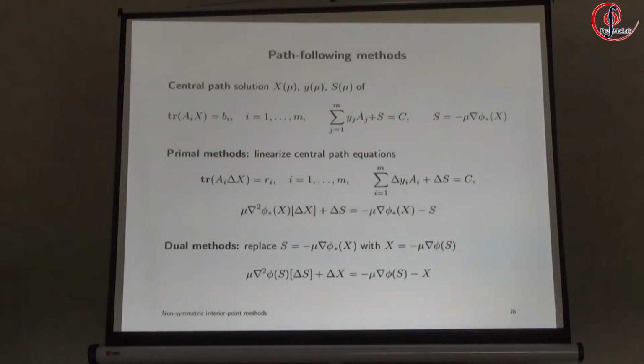Interior point methods all try to follow the central path in different ways, and they do it by linearizing the central path equations. Depending on how you write the nonlinear equation, you get different methods, primal or dual. If you linearize this, you get a set of linear equations for the search directions. If you first rewrite this in terms of the other barrier, in an equivalent form, you get a different linearization.